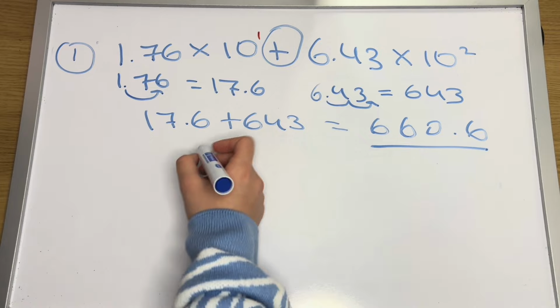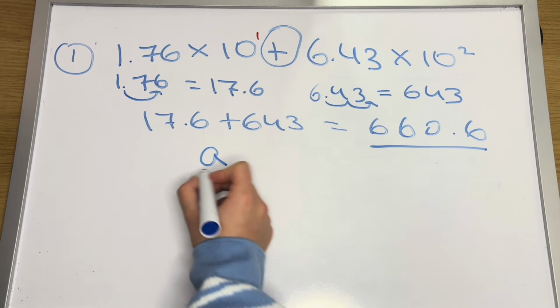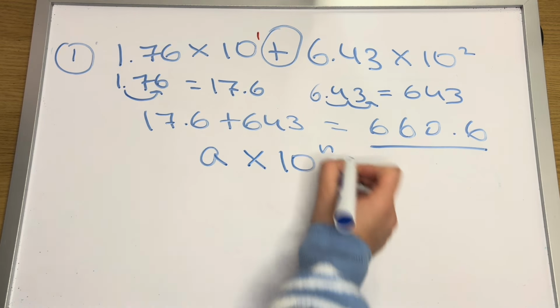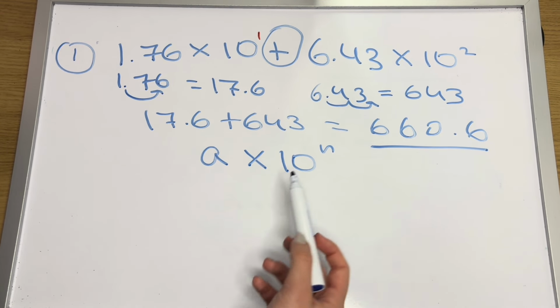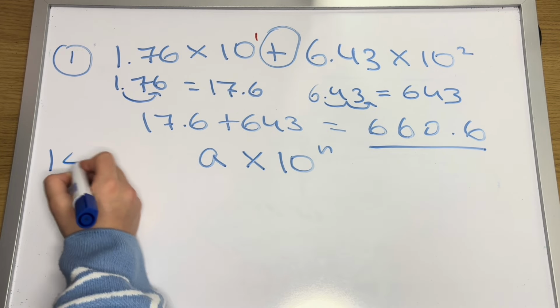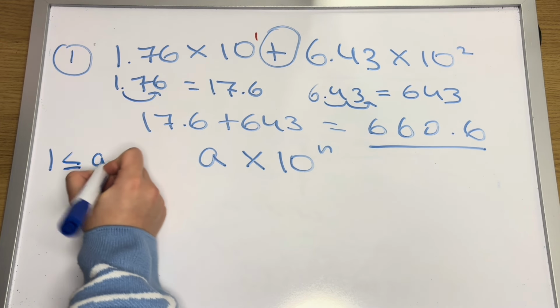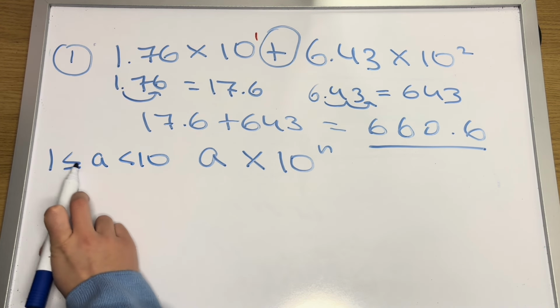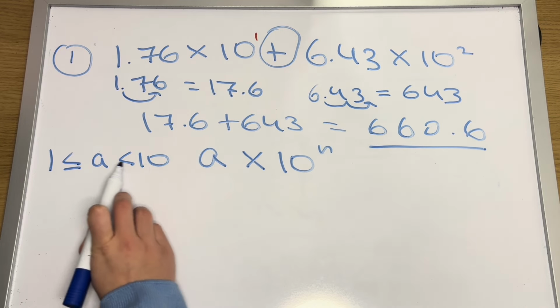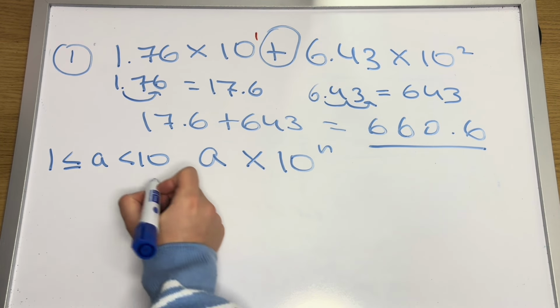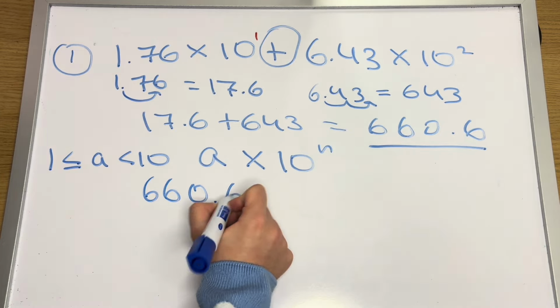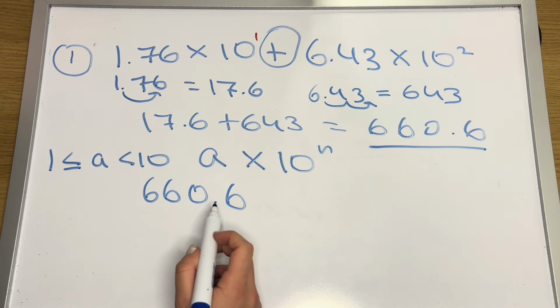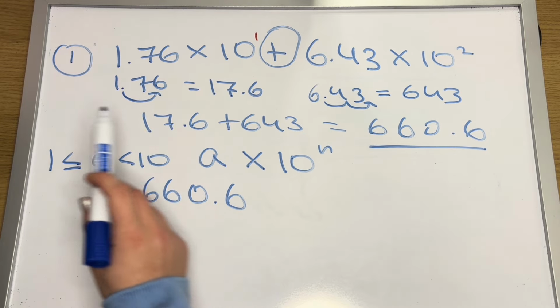And if you'd like to be reminded, standard form is in this formula, a multiplied by 10 raised to the power of n. A has to be equal to this. So a is bigger or equal to 1, but it is less than 10. So I'm going to take 660.6 and I'm going to see how many times I have to move this decimal place in order for it to be more than 1 but less than 10.